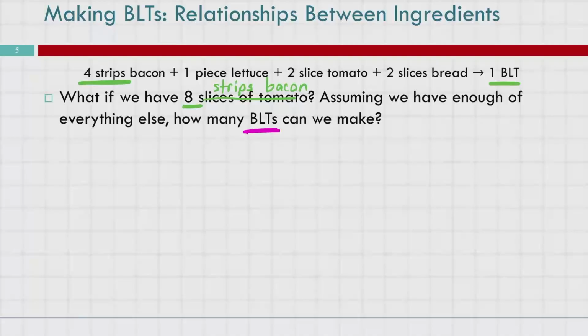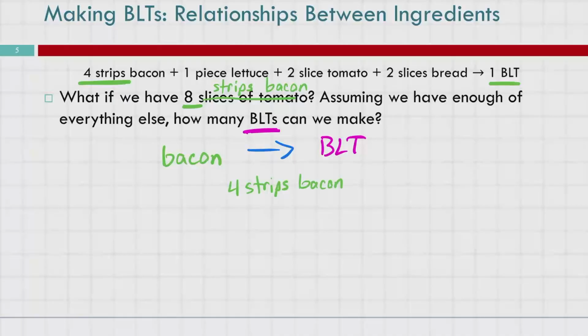So we're trying to figure out, given a certain number of pieces of bacon, how many BLTs can we have? To solve it, the two things that we underlined, we're going to pull those out and make that a conversion factor. So we take 4 strips of bacon. If we have 4 strips of bacon, we can make a BLT.